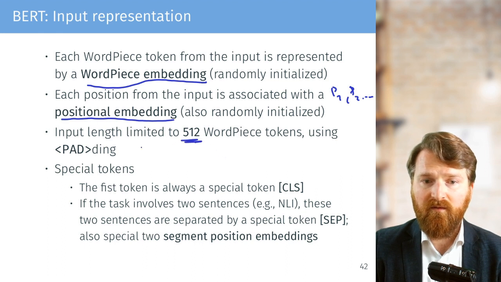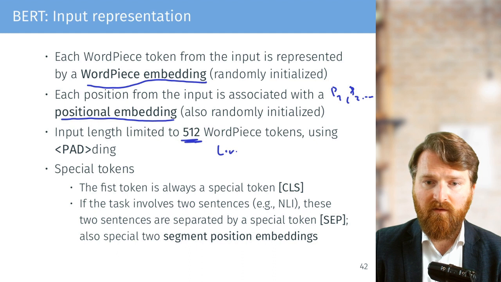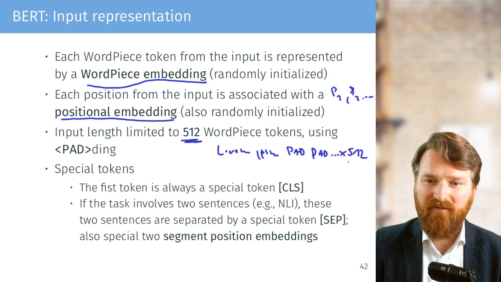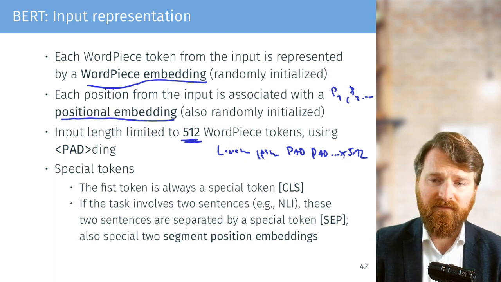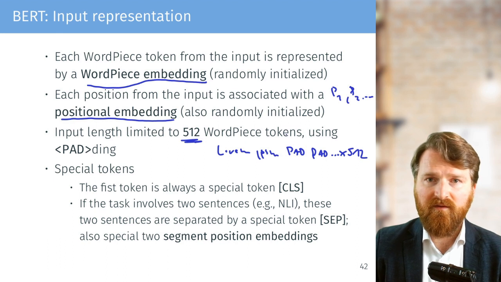And how are we going to do that? We use padding. So we have lorem ipsum and pad up to 512. So each sentence or each input sequence is maximum 512 word piece tokens long.